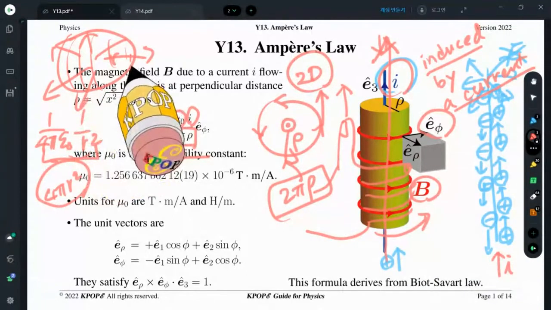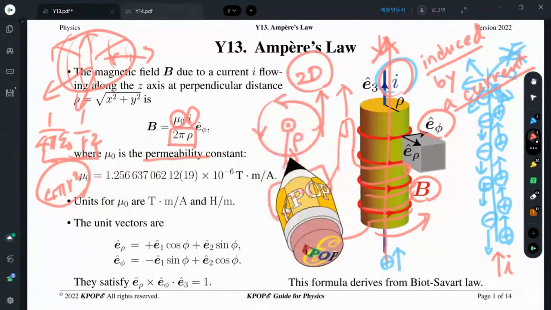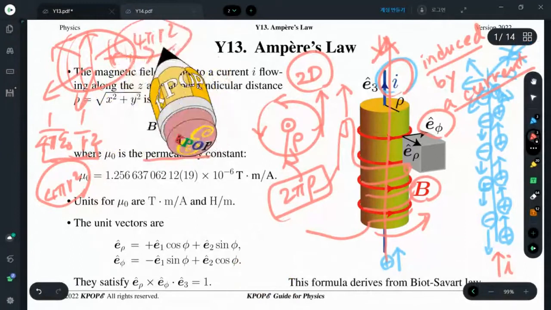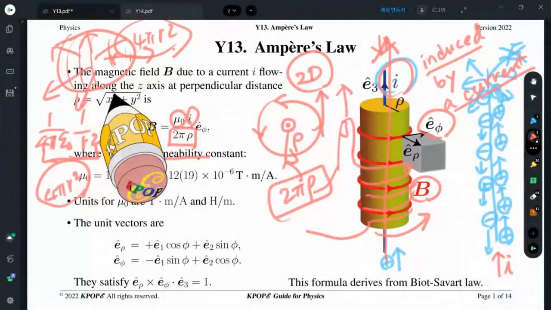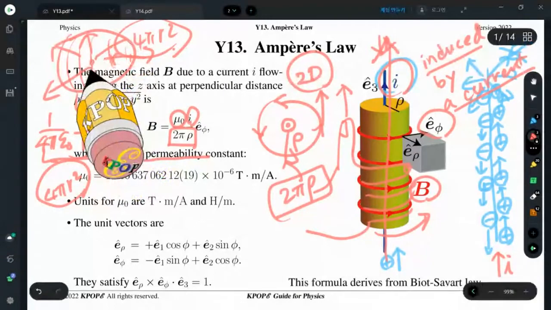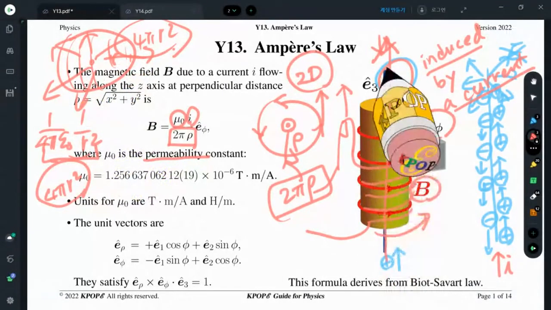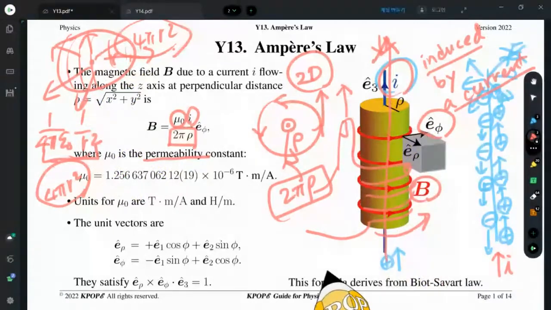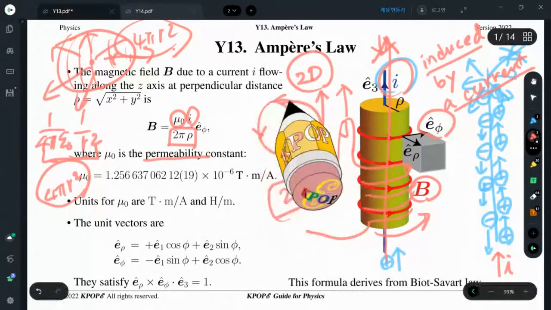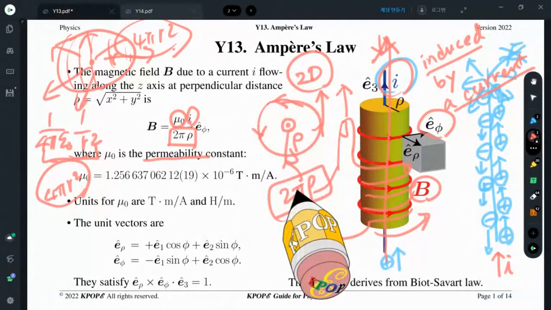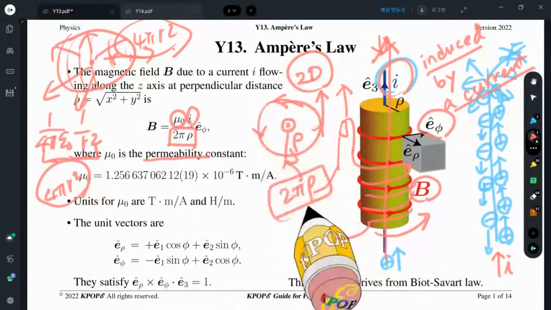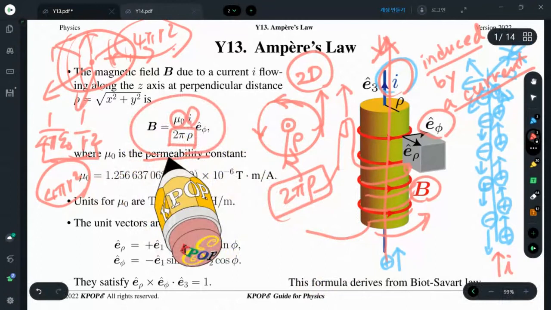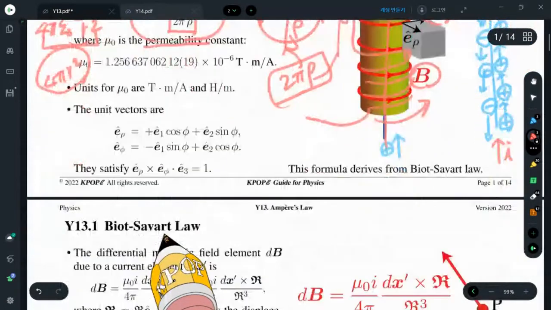A sphere in 3D is truncated into a circle in 2D, and the surface 4 pi r squared, in the case of the electric field propagating in space from a point, becomes for the magnetic field propagating from this current a 2-dimensional surface. The surface area in 2 dimensions is nothing but the circumference of the circle. So the structure of the magnetic field is like that.